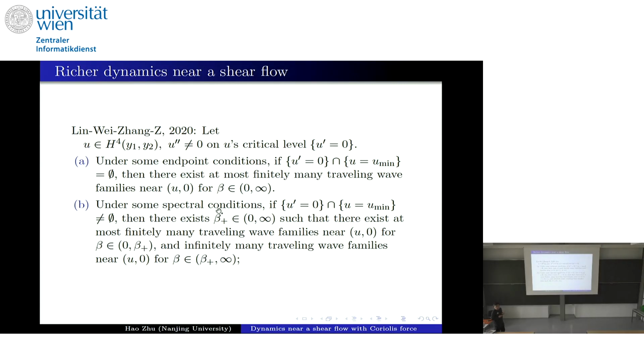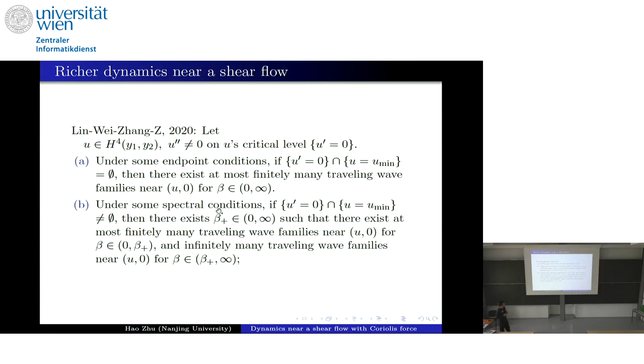Under some endpoint conditions, if there is no point which is a critical point and at the same time a minimal point, then for any positive beta, there are at most finitely many traveling wave families near the shear flow.